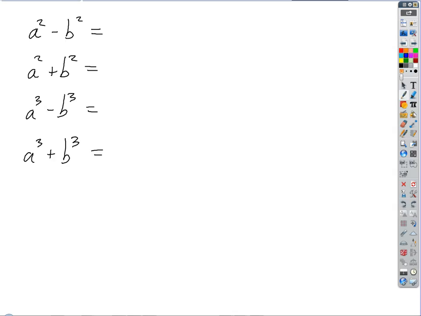Okay, what do we got here? Let's see, a squared minus b squared, difference of squares. Justine, how's that one go? That's going to be the product of what two factors? A squared minus b squared. A plus b times a minus b. That's it. Good.